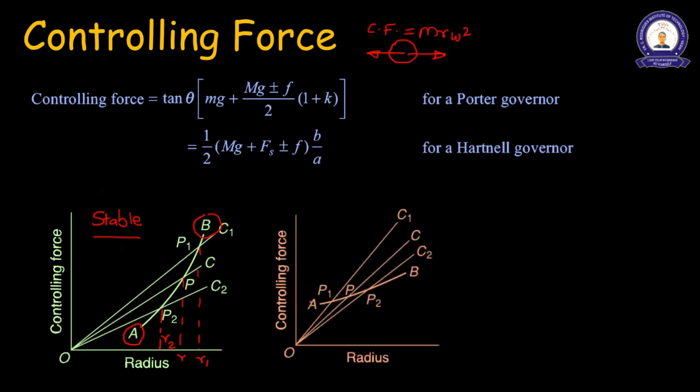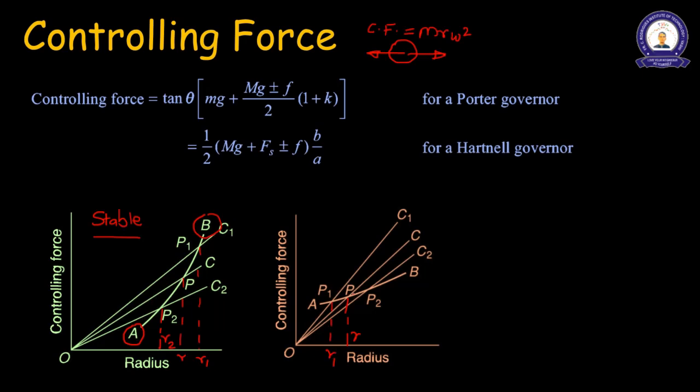Let's see another case. Here the plot AB is intersecting the lines of speed in a different manner. Let's see what is happening. If the mean speed is P, it is having the speed corresponding to the line OC. Now if this speed increases to P1, this is the radius corresponding to P and this is the radius corresponding to P1.